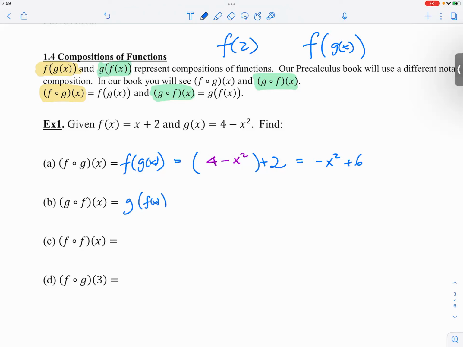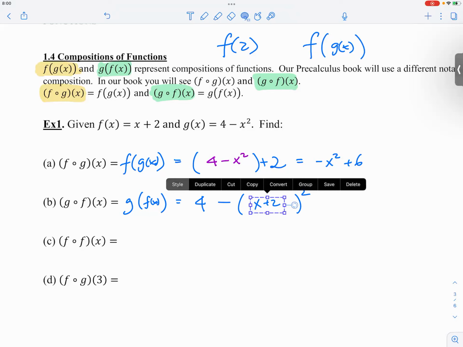G of f of x, what's inside and what's outside? Again, this will have future implications in calculus. We will talk about layers of functions, inside and outside functions. So this is g of f of x.